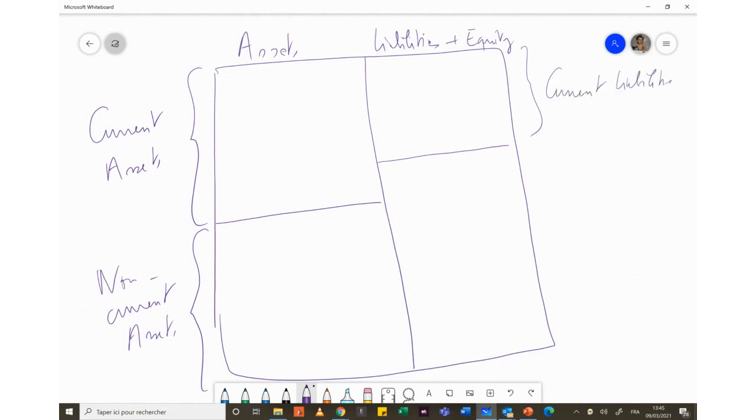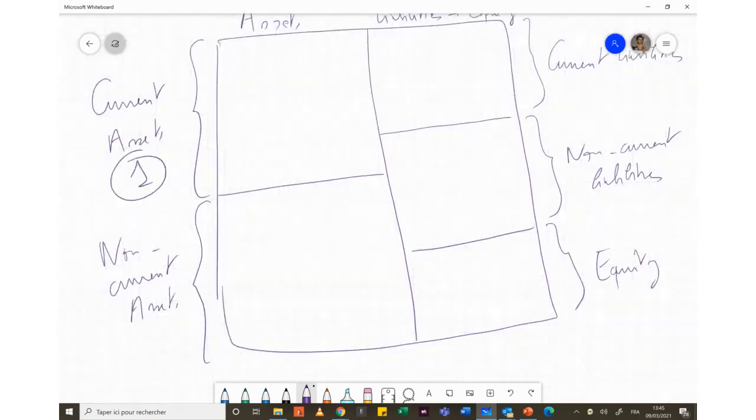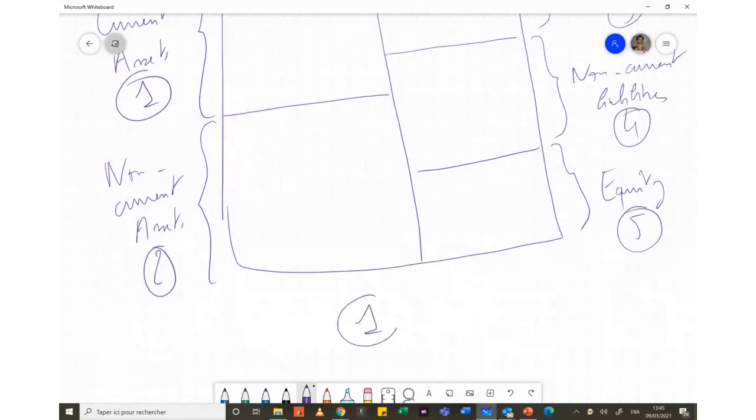We have the non-current liabilities. And we have the equity. If we do current assets, 1, 2, 3, 4, 5. If we do current assets minus current liabilities, it is what we name the working capital.